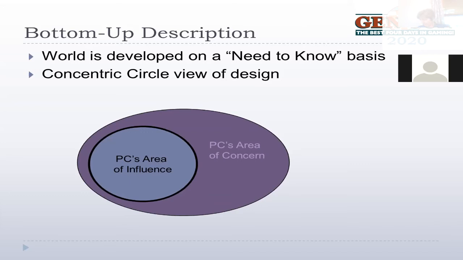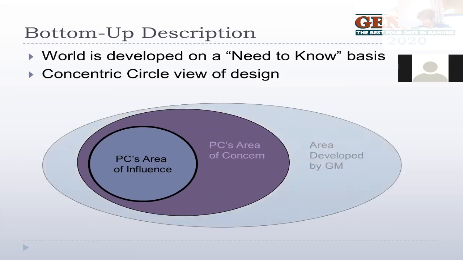When I think about that area of concern, that kind of pink and puce area there, I think about that as occurring off stage. These are the things that occur off stage that are influencing what's happening in the spotlight, which is those PCs' area of influence. At a minimum, you have to develop those two areas, but you're probably going to do something a little broader too, right?